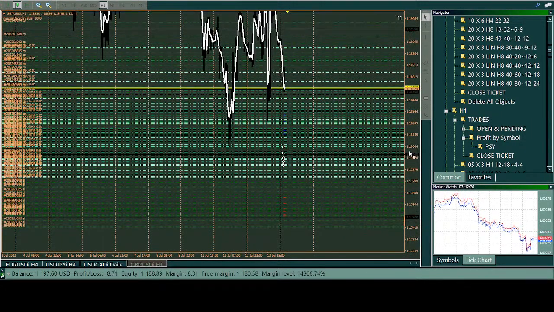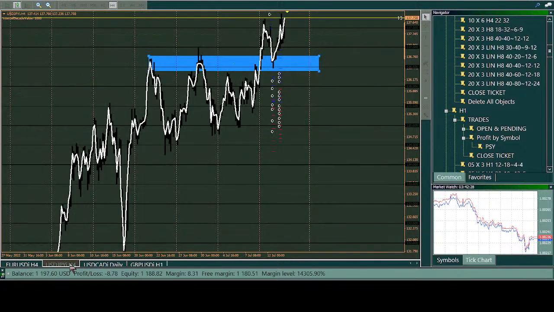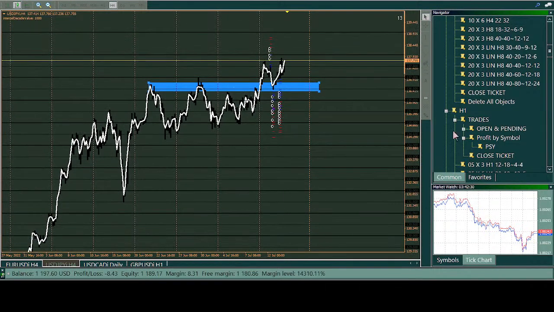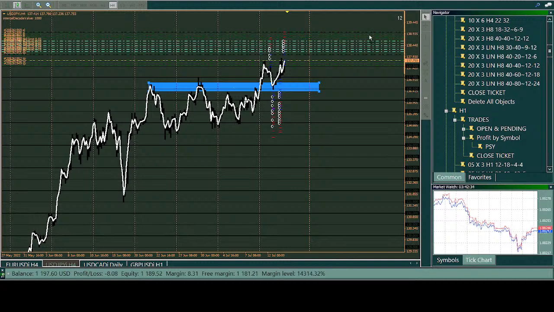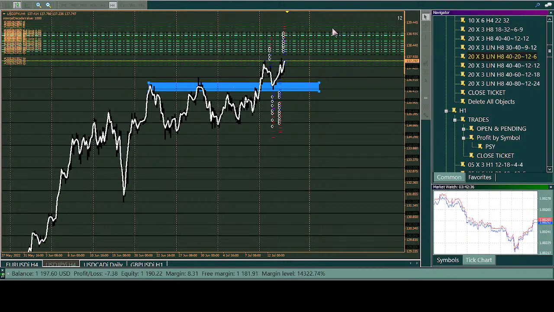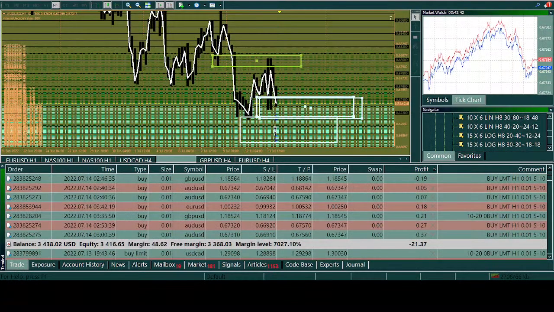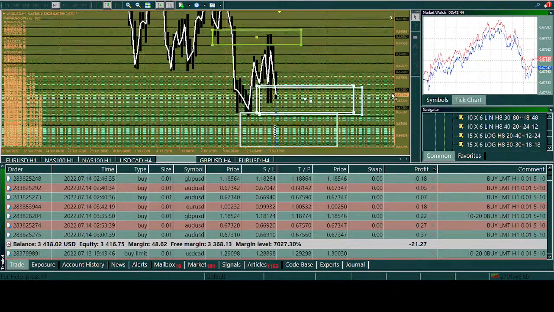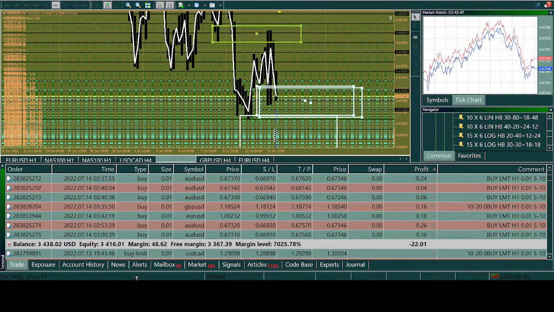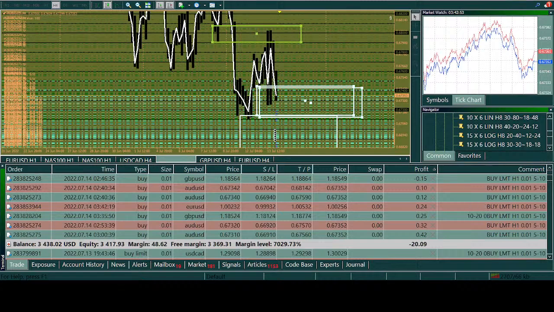Okay, the pound's melting down. The dollar yen's crashing up, so I'll put sell limits up here. And what we got? Still down a little bit, waiting for the Australian news. This account's barely in.